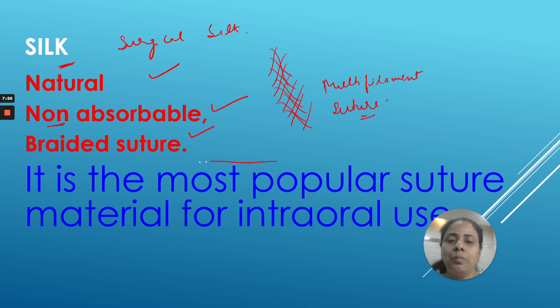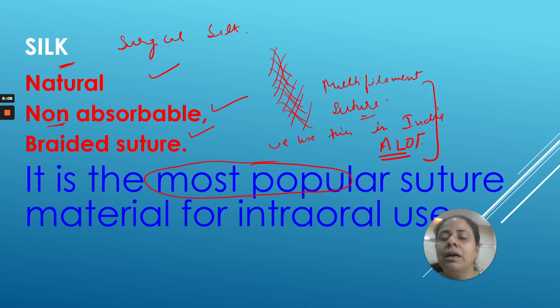It's the most popular suture in the oral cavity. We use it a lot in India because it is a very reasonable suture. The pricing is quite comfortable for most of the Indian population, and that is why the maximum population uses silk suture.